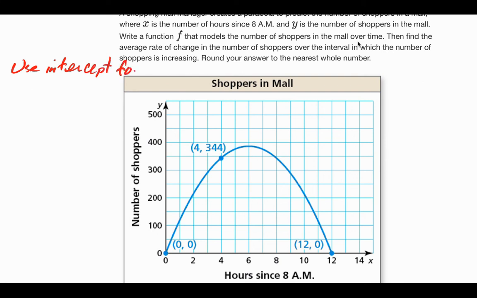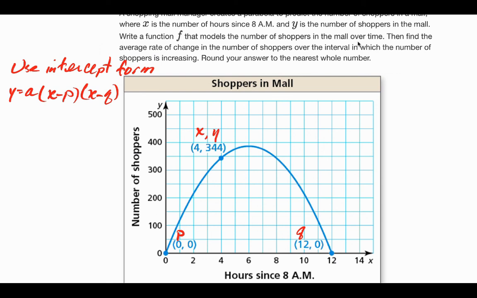When I use the intercept form, our formula is y is equal to a times x minus p and x minus q. So our p here would be 0, our q would be 12, all right? And then our point, our x and y, will be here.